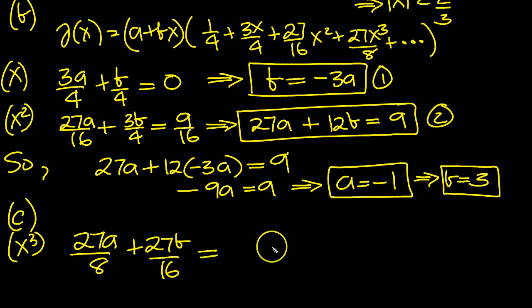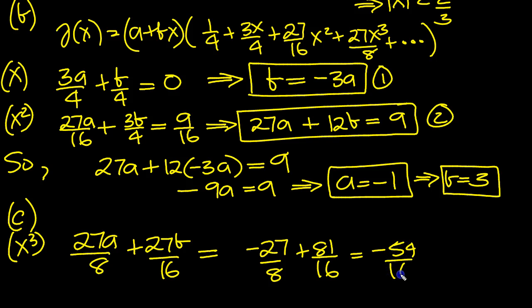So we've got a is minus 1, so it's minus 27 over 8. And then b is 3, so that would be 81 over 16. Double the first term, then: minus 54 over 16 plus 81 over 16. 81 take 54 is 27 over 16. So there's the coefficient of x cubed.